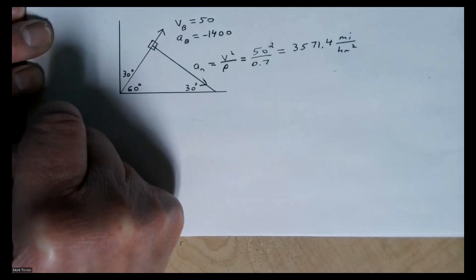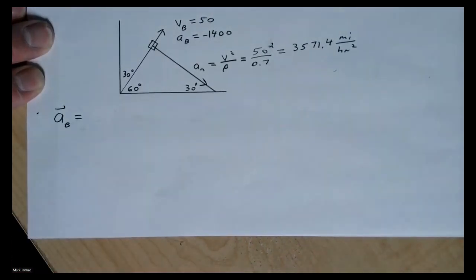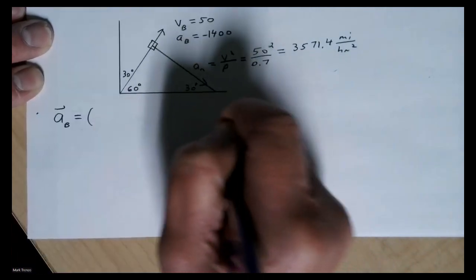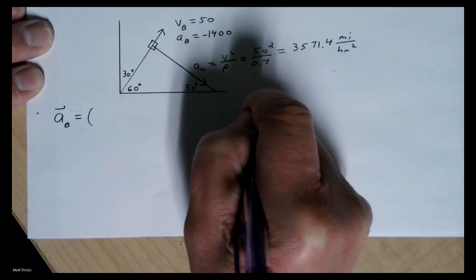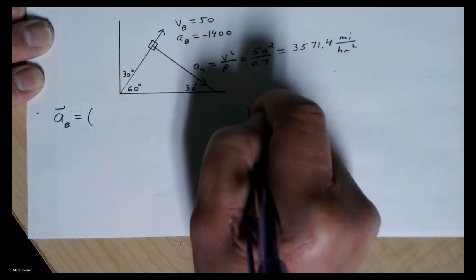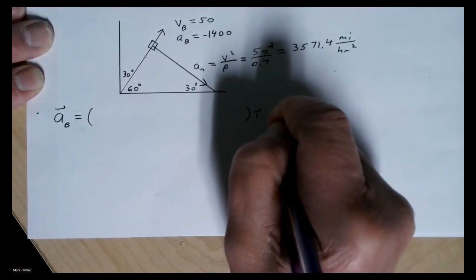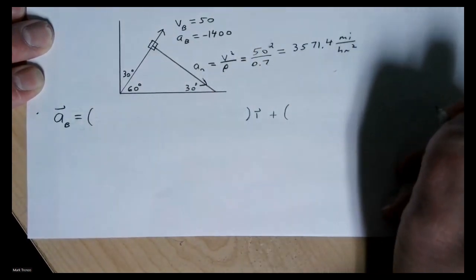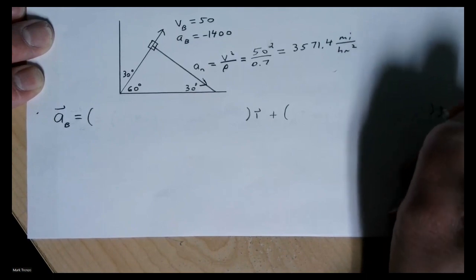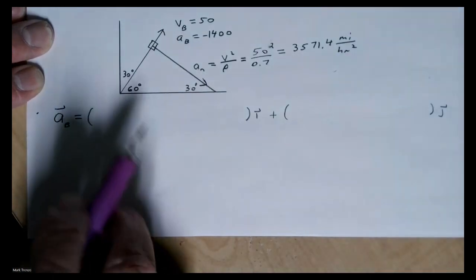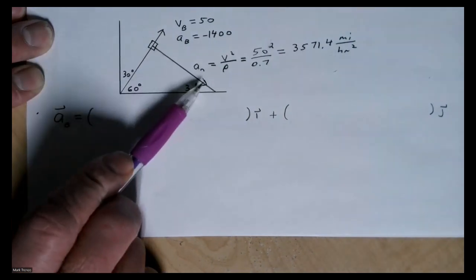So acceleration of B, we're going to make the vector, and it's going to have an i component, of course, and a j component. And I'm leaving myself a lot of room here because, as I mentioned, we have to consider the tangential acceleration and the normal.